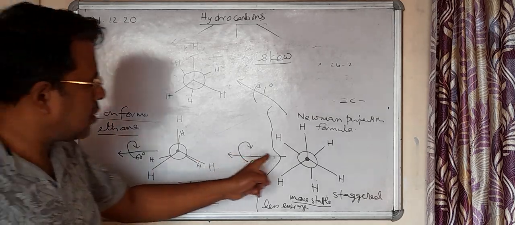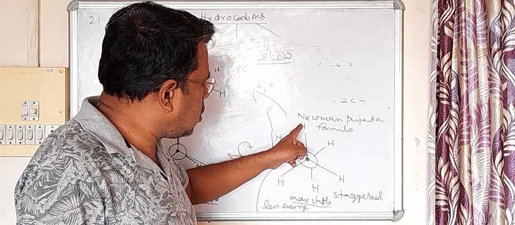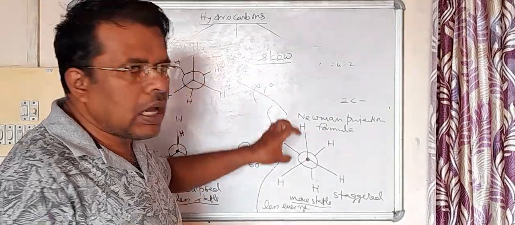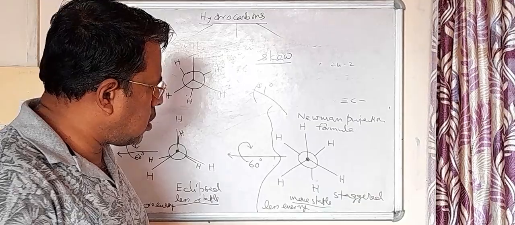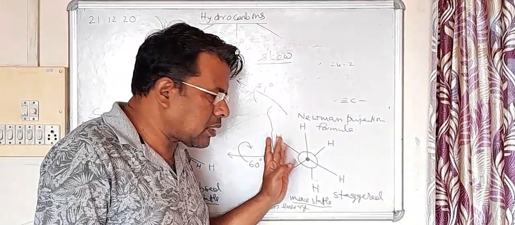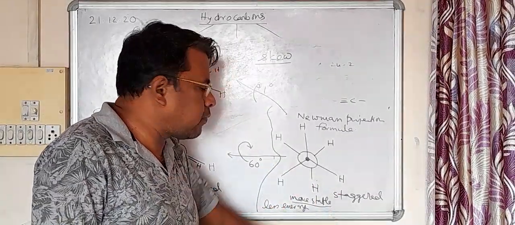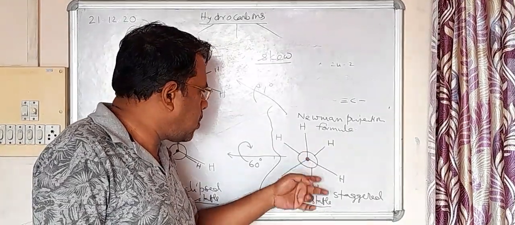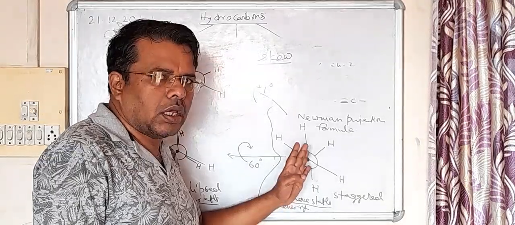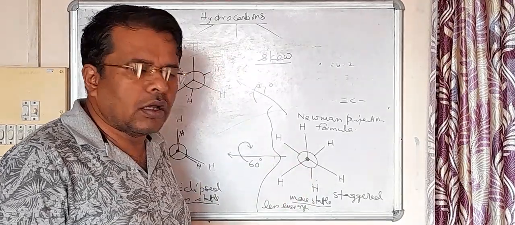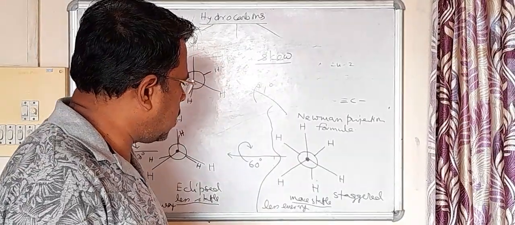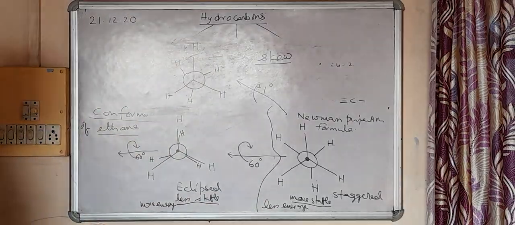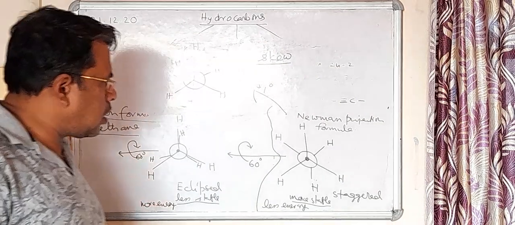On the other hand, you can see here the front hydrogen and the back hydrogen are at maximum angular distance apart in the staggered form. So repulsion will be minimum here. That's why it is the most stable of all the different conformations of ethane, and that's why it has less energy. So this is the thing about energy.